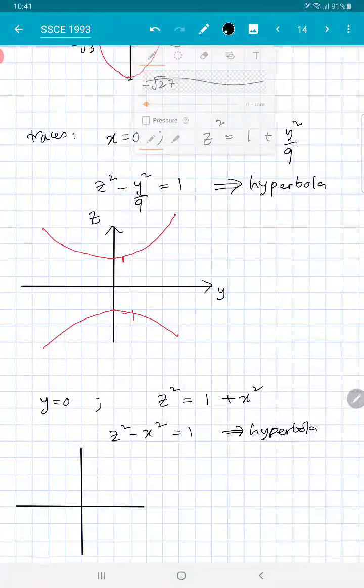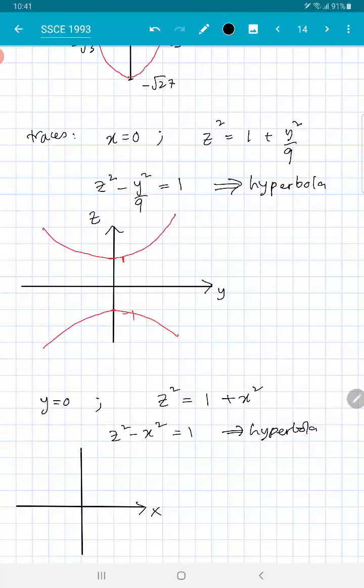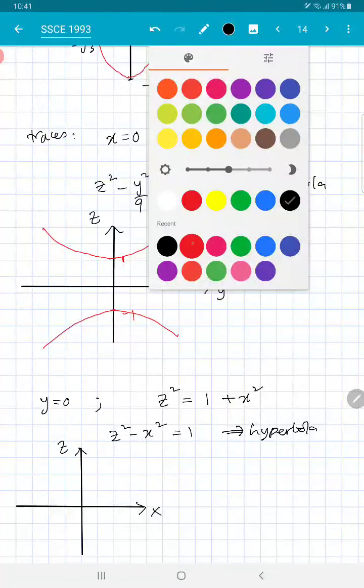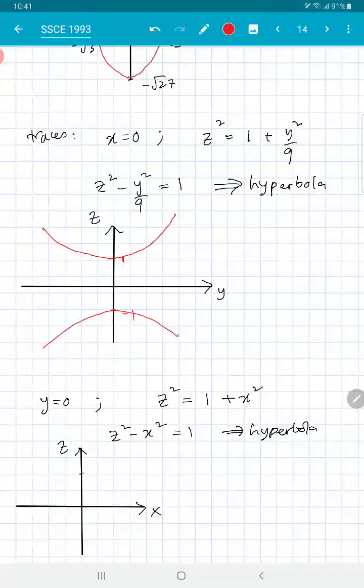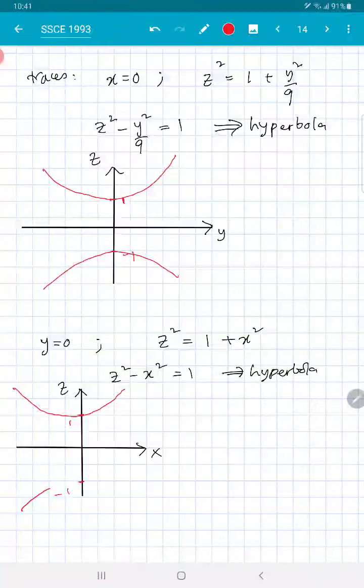Okay, so here we have x-axis, z-axis, and now you can see that again the positive coefficient is for z. So your hyperbola opens along the z-axis. So let's say that's a 1, and this is negative 1. So we have this hyperbola like so. Oops. Let me move this further up. Alright, so we have a hyperbola.